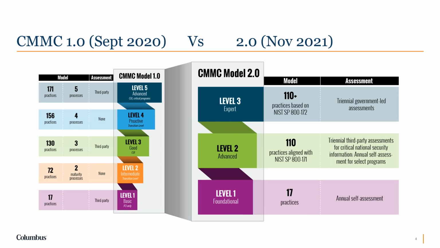So, there have been a lot of changes in CMMC. One of the challenges to the implementation of doing this is that in September of 2020, CMMC 1.0 was released as a 5-tier certification level, depending upon what level you need to qualify for.